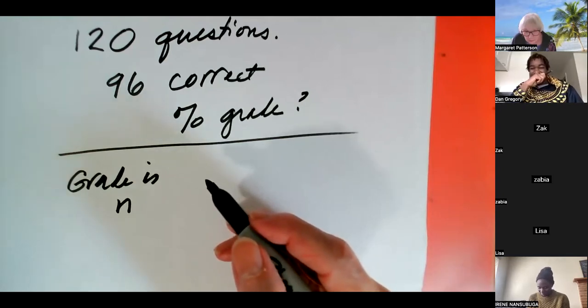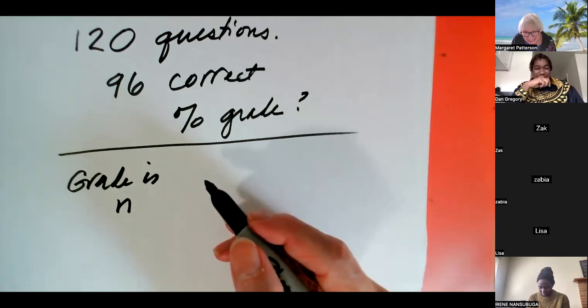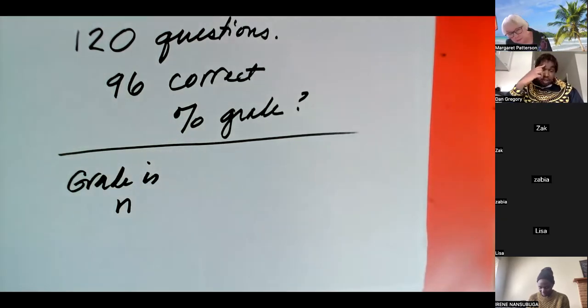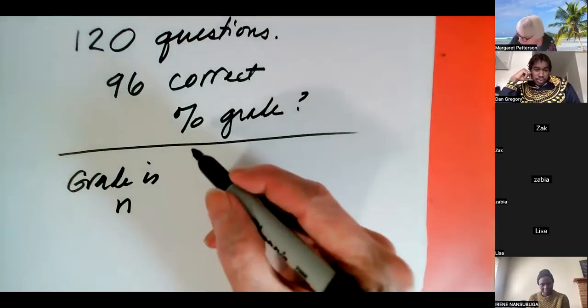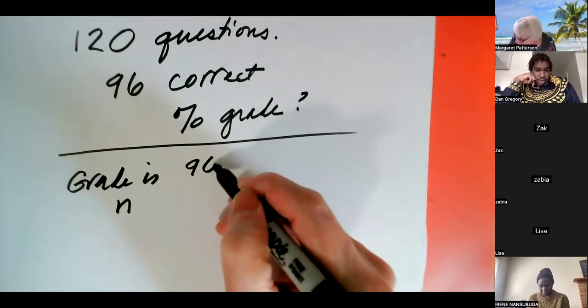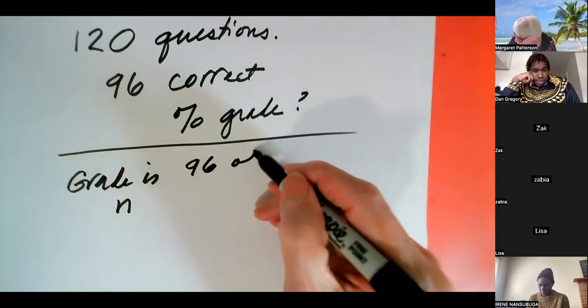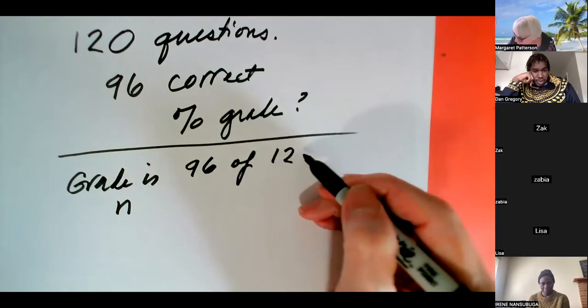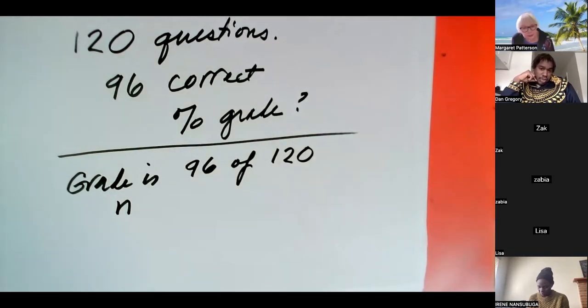My brain took a nap just then. What is the total? 120. The total is 120. So it's 96 out of 120, isn't it?